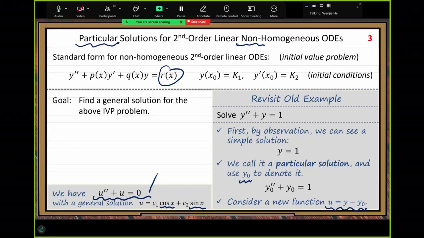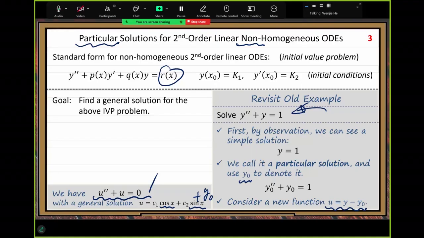So now we call this the general solution of that homogeneous version, the u double prime plus u equals 0 equation. If we want to go back to the original, we can add y0 back to this u function, and we get a general y function solution, right?